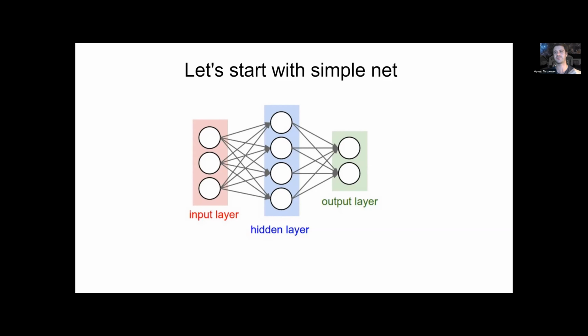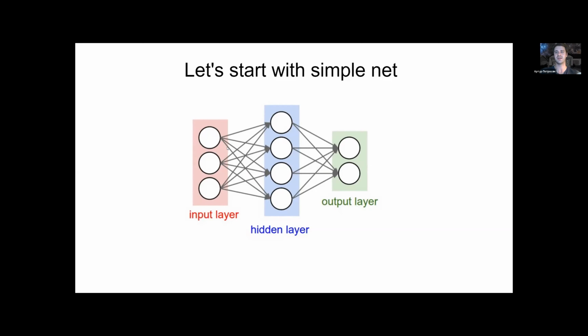For example, you can predict, I don't know, insomnia. You take 3 features, linearly transform them to the hidden layer, and then predict your target variable. But you may ask me, so what is the difference?